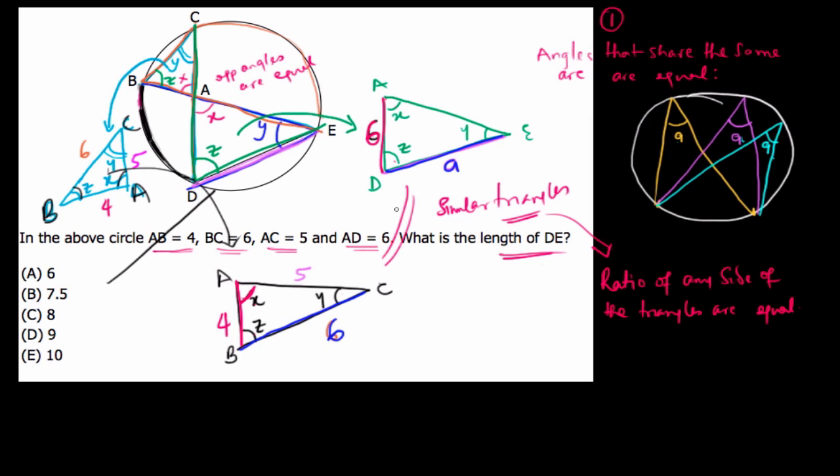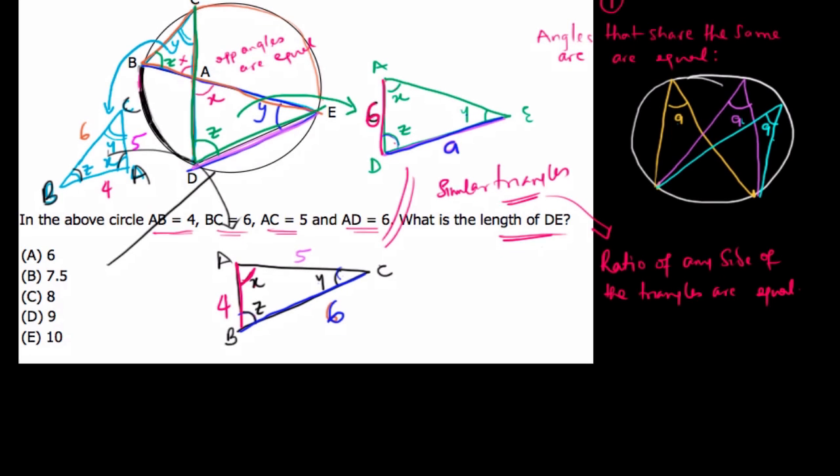Now, why does it correspond? Because the angle here is Z and the angle here is Y, while the angle here is Z and the angle here is Y. So they correspond to each other. So I'm going to lay credence to what I said here. It says the ratio of any side of similar triangles are equal.